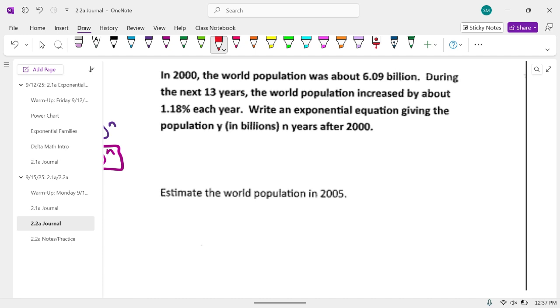All right, so give that top right one a shot. Figure out whether it's growth or decay. There's at least one keyword in there to tell you which one's which.